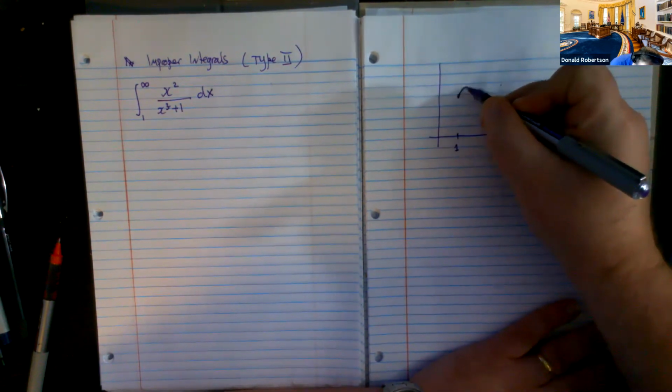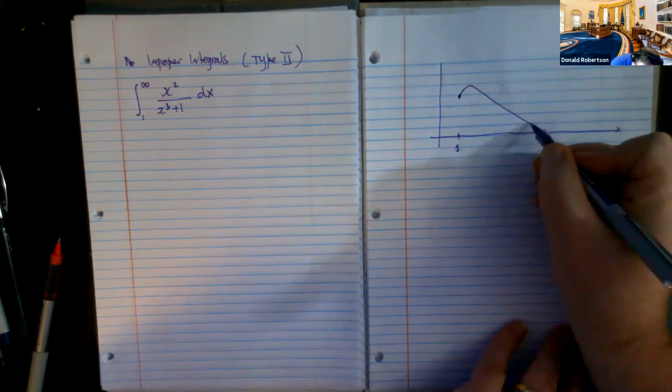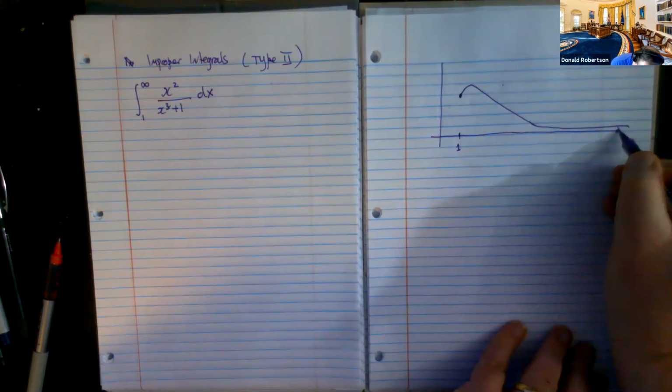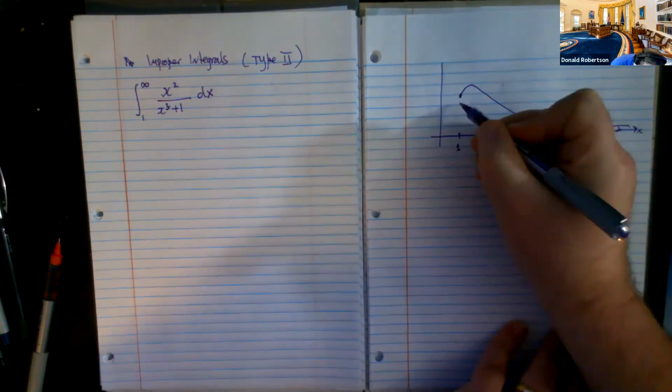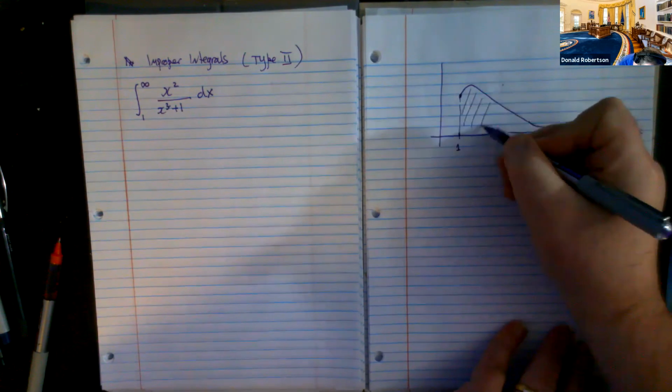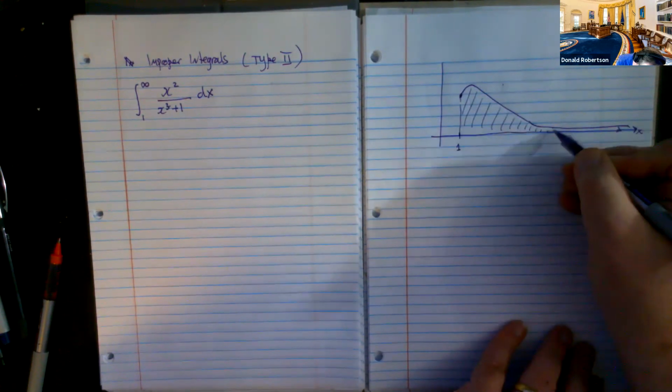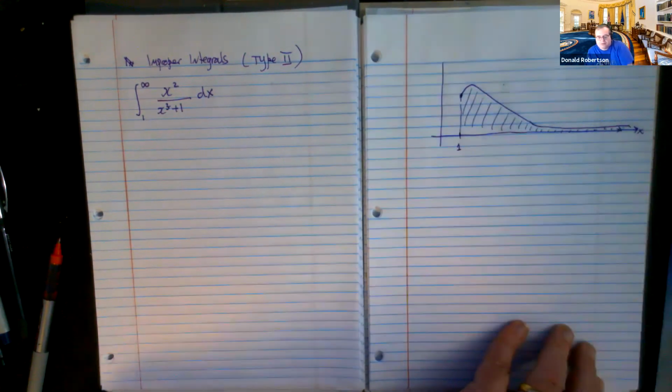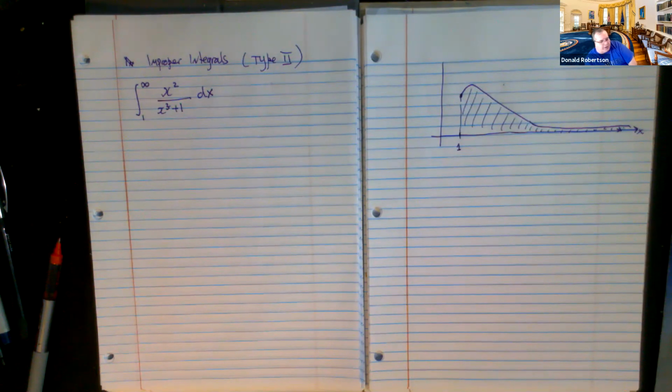He'll probably look something like this. And we're trying to find that area. Now you might think, well, it's going to be infinite because this goes on to the right forever. And so there's always going to be some area there, and it'll add up and it'll keep adding up until, you know, you get infinite.